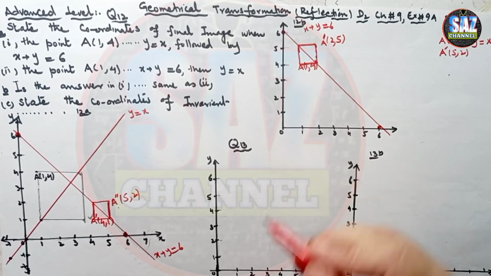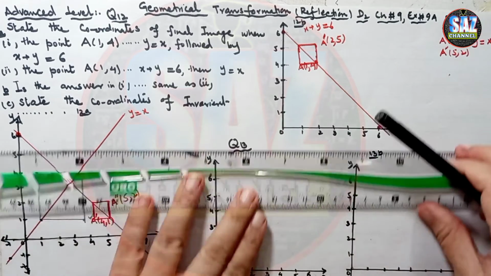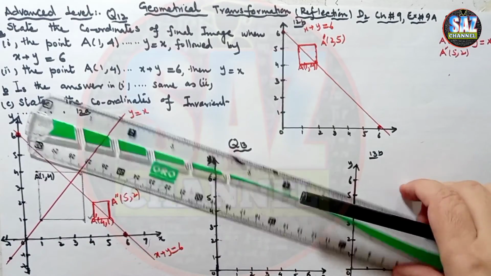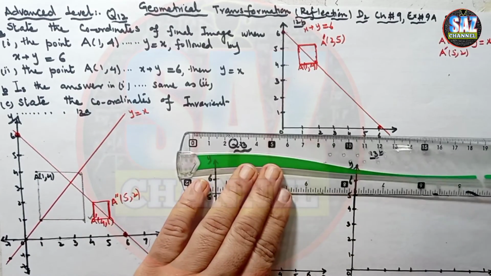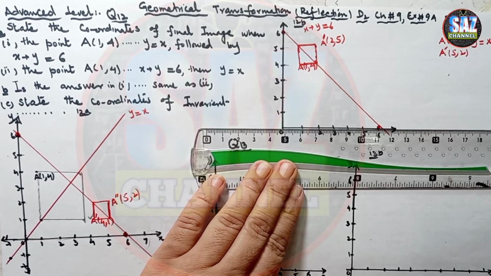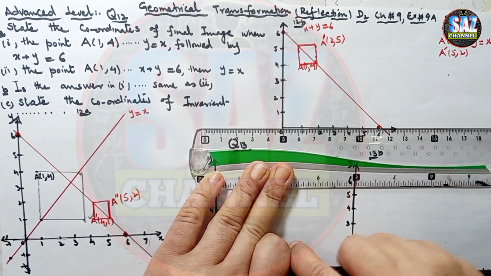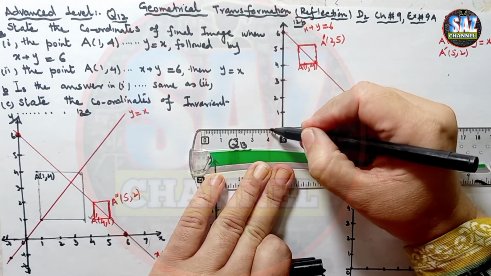Now first of all, I have to draw the mirror, that is y equals x. For that purpose, we have to take at least 3 points so that we can get the exact gradient of the line, the steepness of the line.